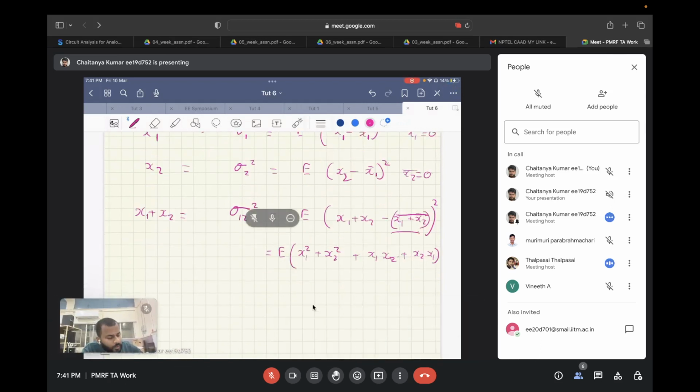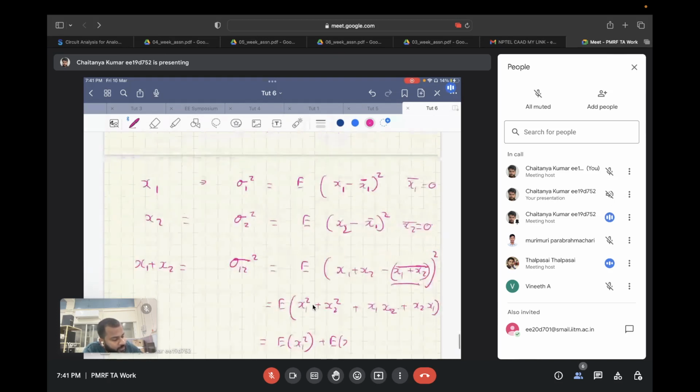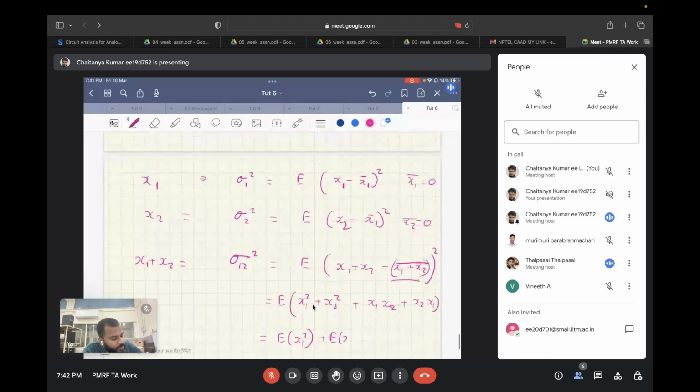So this you can write as the expectation of x1 square plus the expectation of x2 square, if the means are zero.